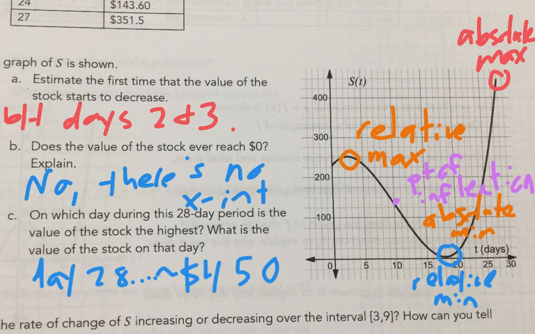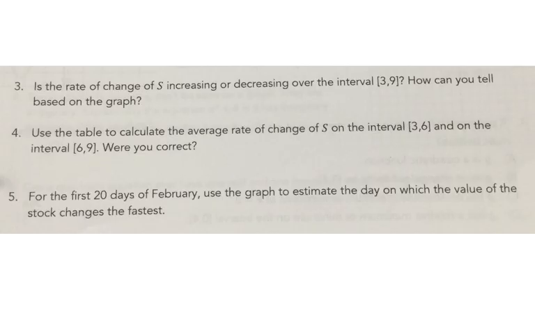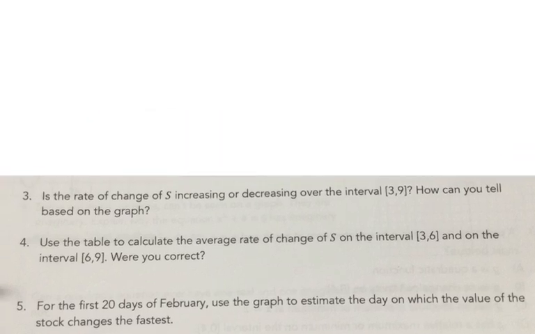Any questions on part 2, A through C? Three: is the rate of change of S increasing or decreasing over the interval from 3 to 9? So let me get the picture of the graph back up there so we can look at it.